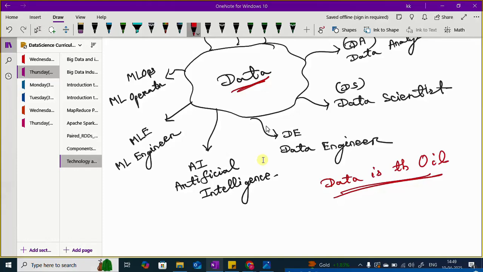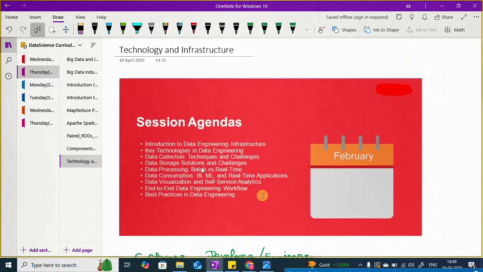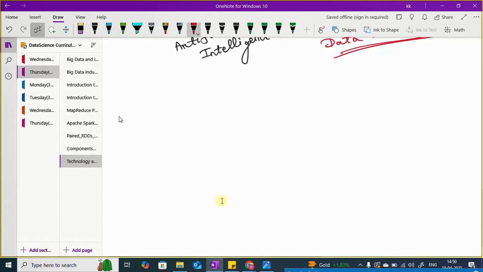So we are talking about this data engineering part now. Whatever things we are going to see, we are highlighting what the roles and responsibilities of the data engineer are, what generally they do. So as part of data engineer responsibility, let me write down a few. DE means data engineer.